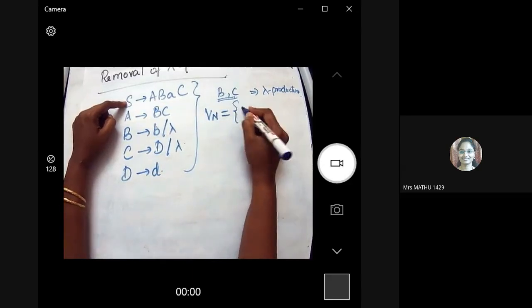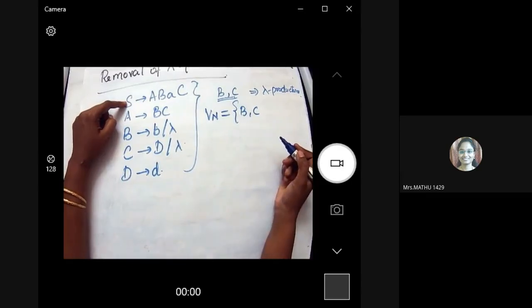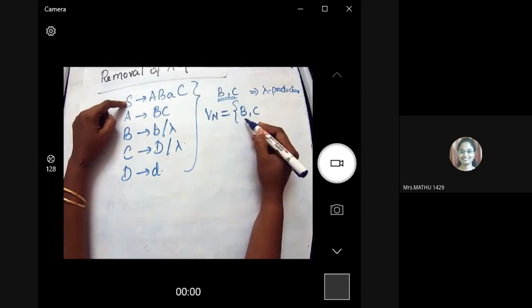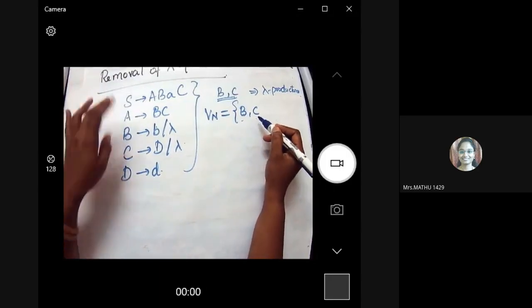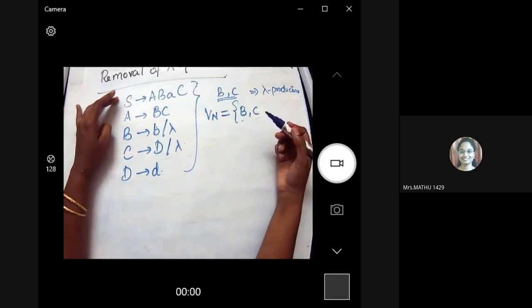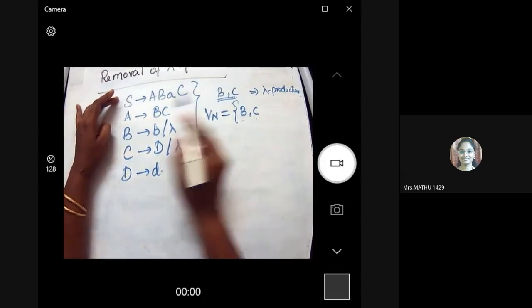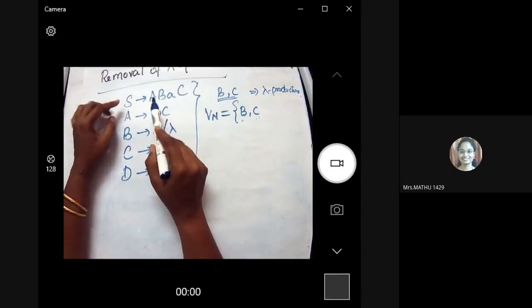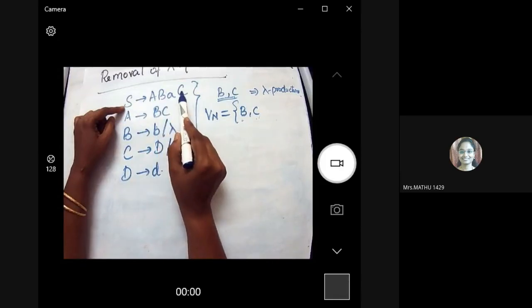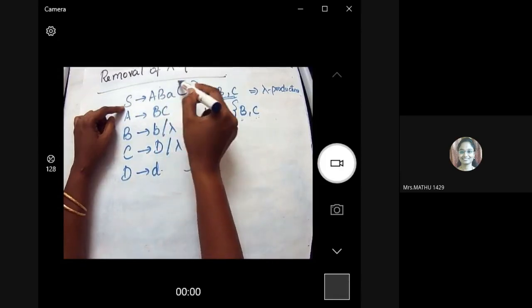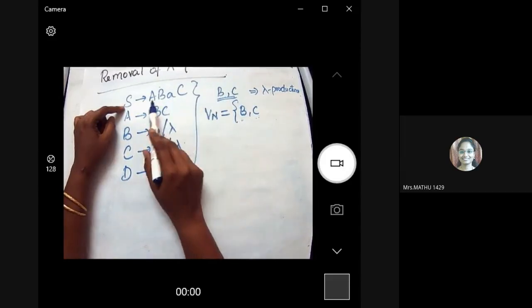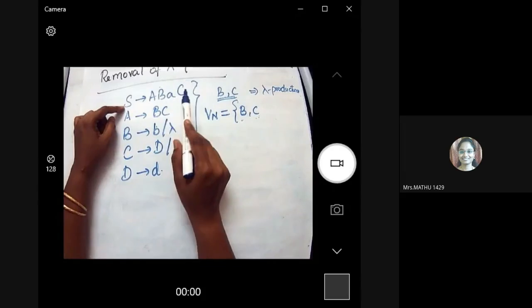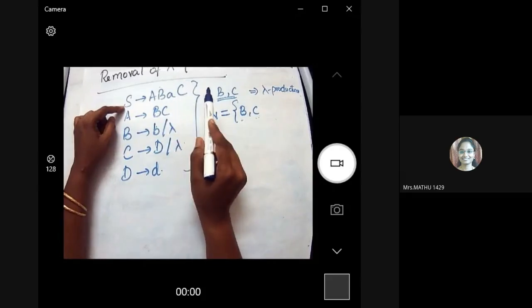In this set, now we have B and C. Now you need to check, by applying lambda to these nullable variables in other productions, whether you are able to generate lambda for any other variable. For example, if you apply lambda in S gives A B A C, with B and C as lambda, you will get AA. That will not become lambda on the whole.